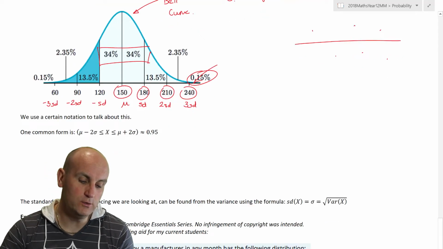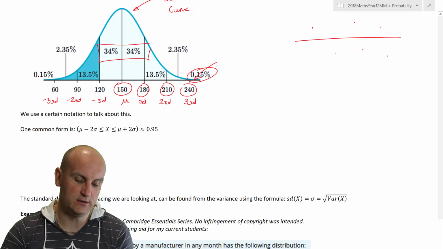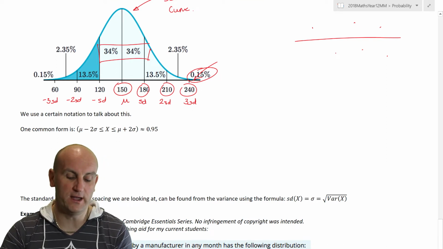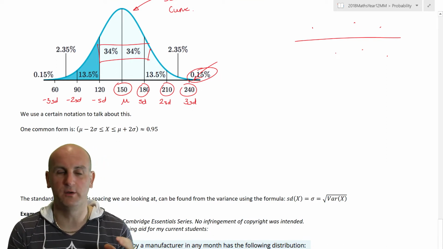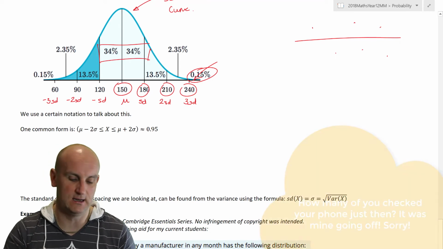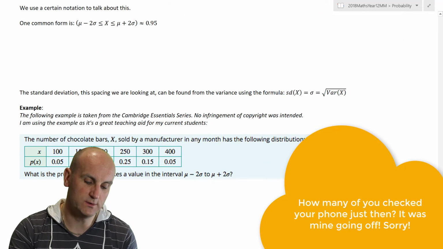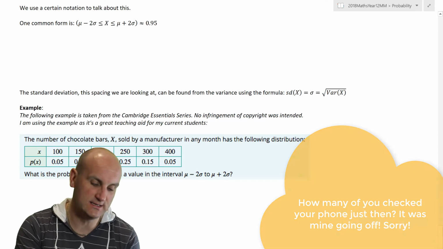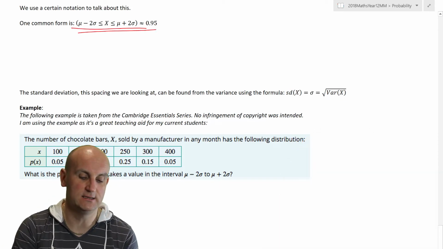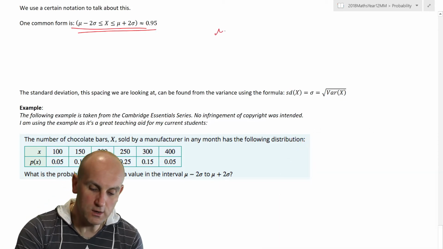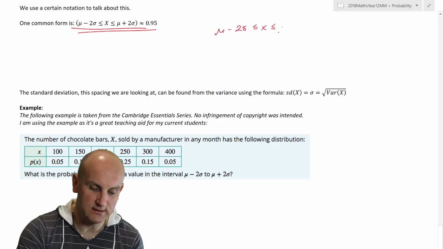So we can use that information and certain notation to help us find values of probabilities. And again, we're rushing ahead a little bit, but notation-wise, we're not going to get too excited about this for the moment. This notation here says mu minus 2 sigma is less than or equal to X, less than or equal to mu plus 2 sigma.